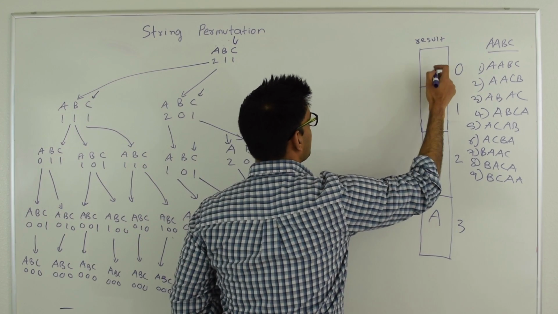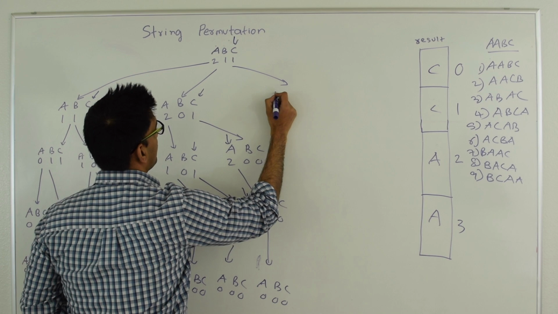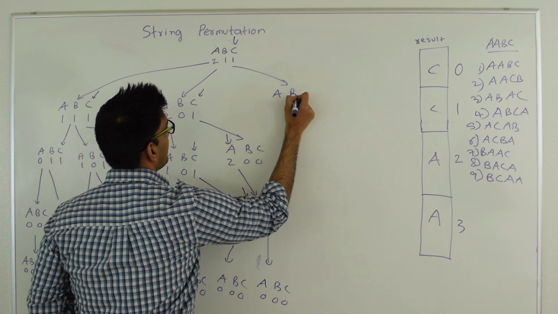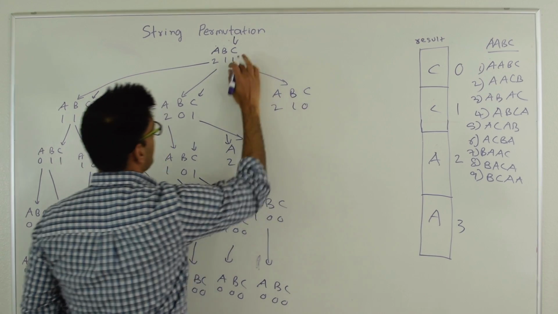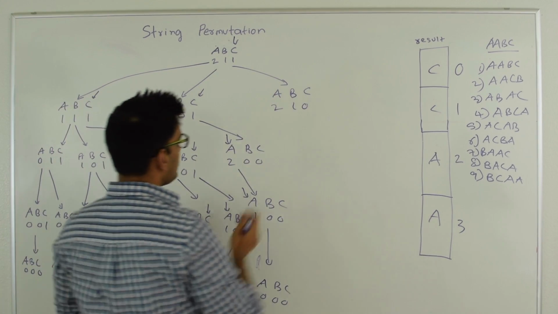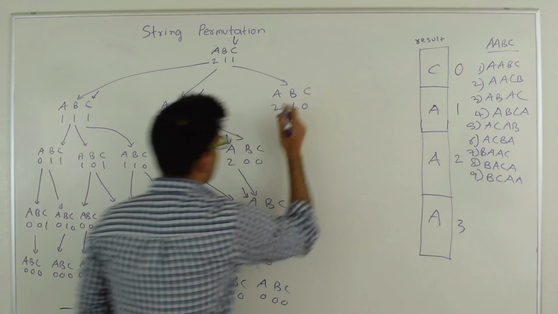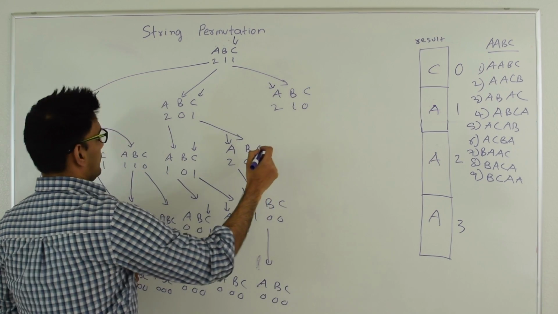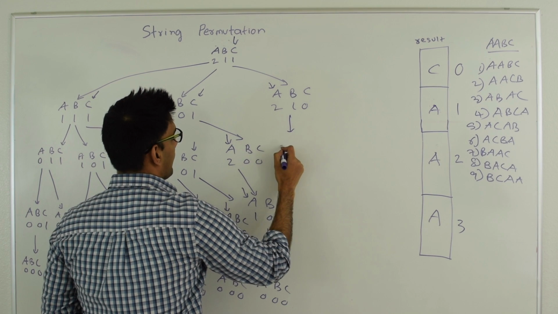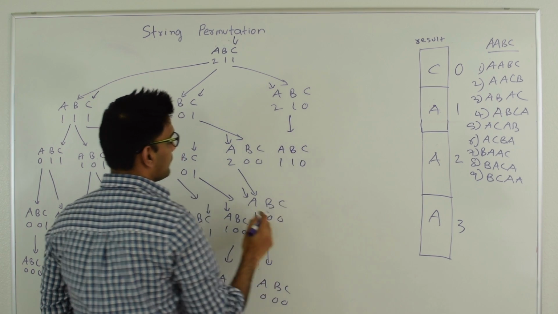So this guy becomes C, and we go into the recursion from here. So A, B, C, and this is 2, 1, 0 because we used one instance of C. And again we look for the first available character, so that will be A. So we go into the recursion from A, so this will become A, B, C, and this is 1, 1, 0.